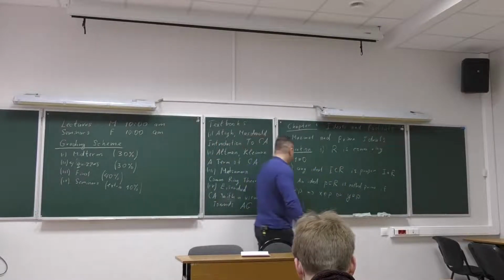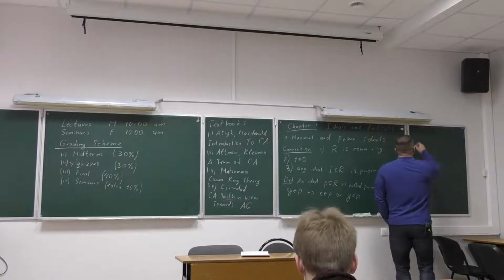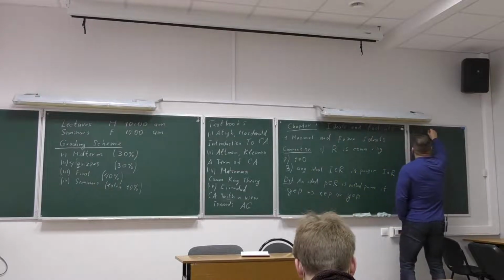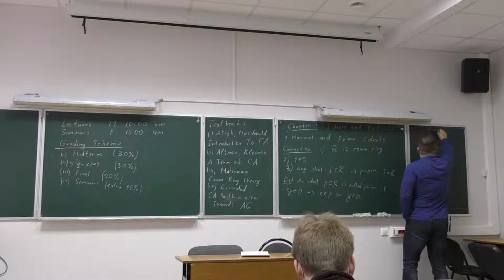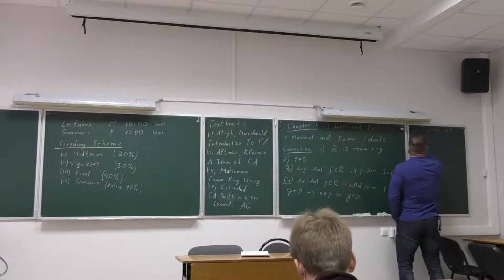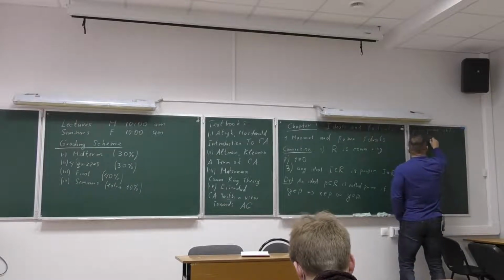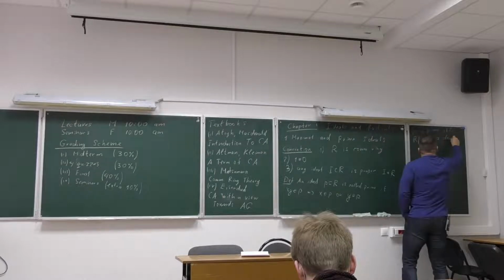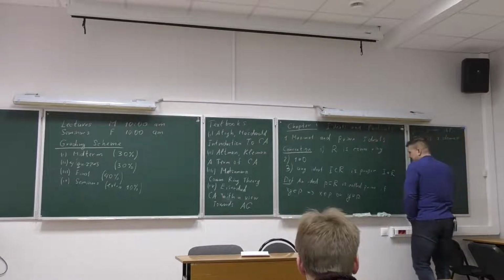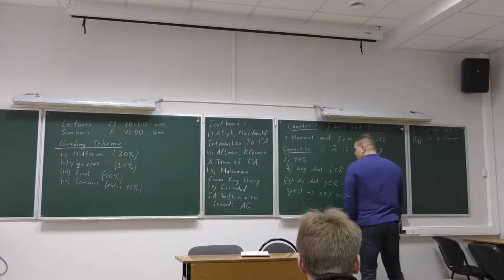Definitely you've seen this definition before. So equivalently you can say that p is prime if and only if the quotient ring R/p is a domain. So these are prime ideals.